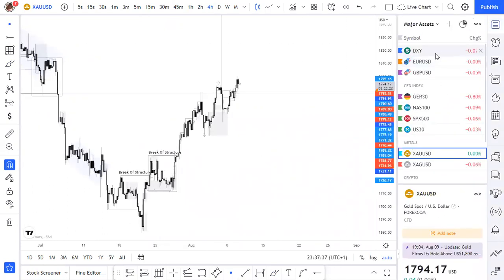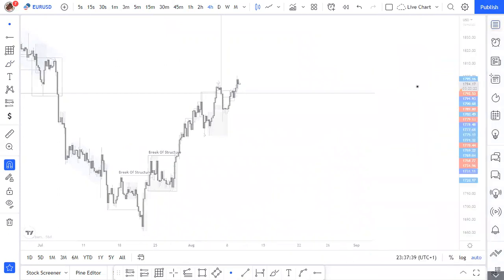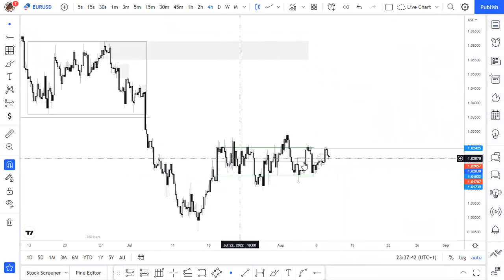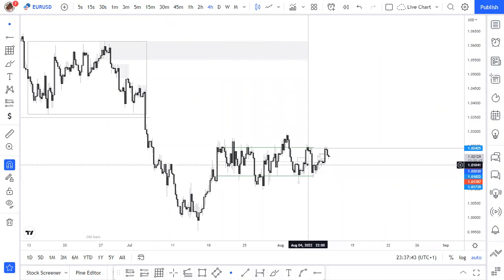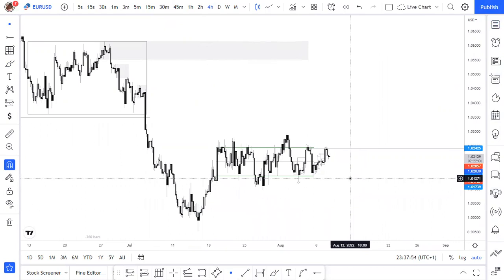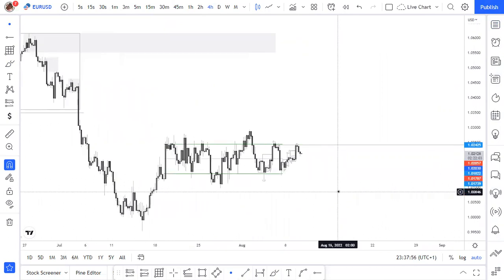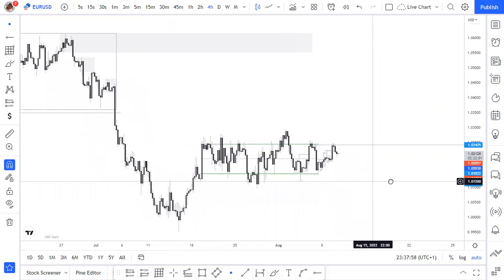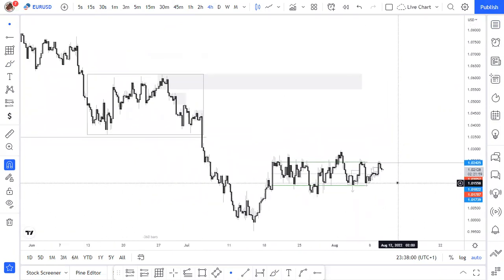And then we'll also wait and see if maybe during the week, that's maybe Wednesday, Thursday, Friday, we get some kind of breakout from this high or maybe this low. So that's it for Euro USD.